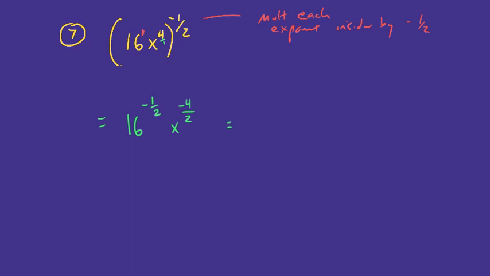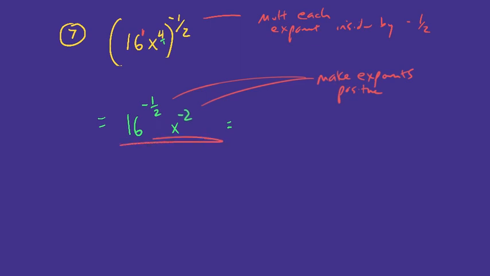So I'm just going to reduce that part of it. Negative 4 over 2 is negative 2. On the next step, we're going to make the exponents positive.